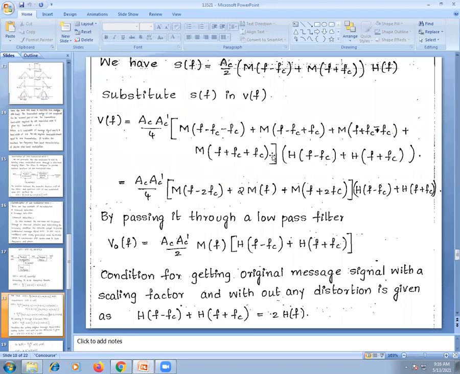So please go through these mathematical equations by passing it through a low pass filter. The low pass filter passes the baseband; the FC component is eliminated.